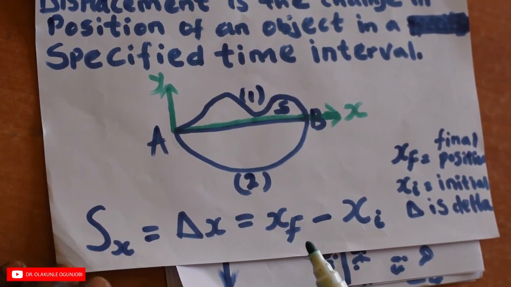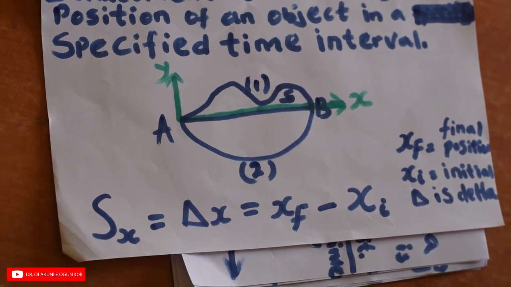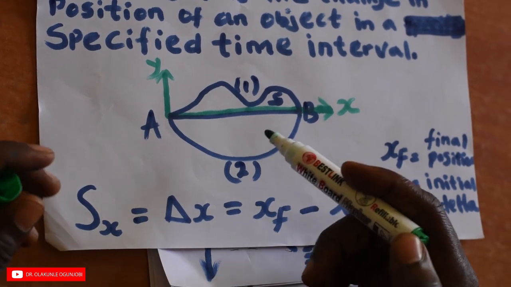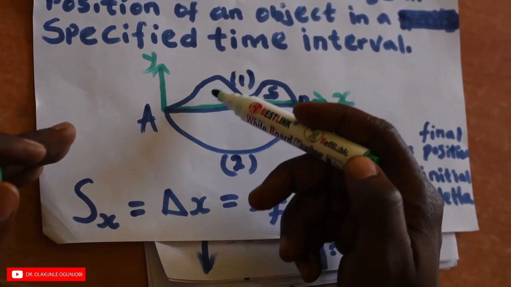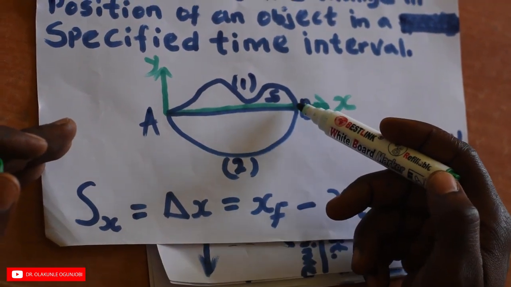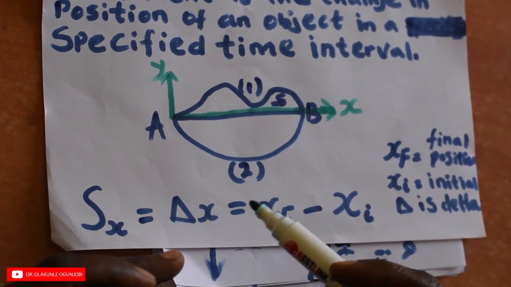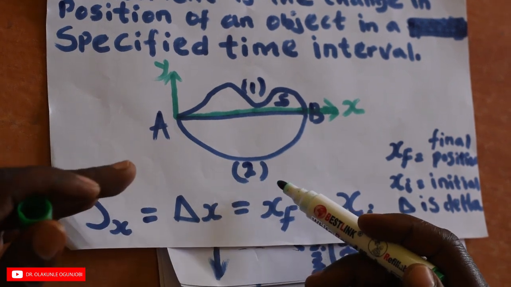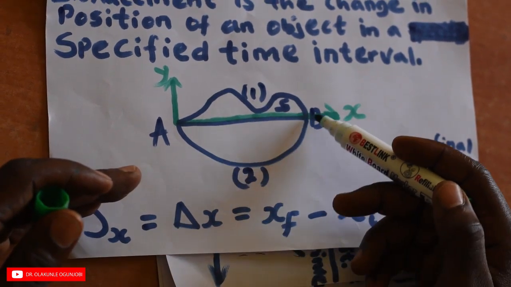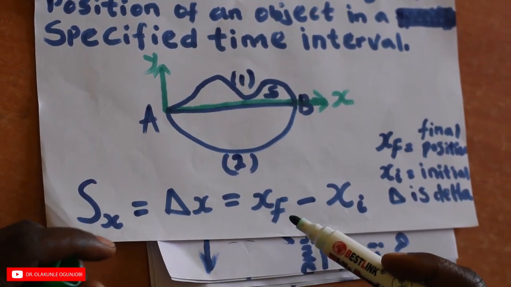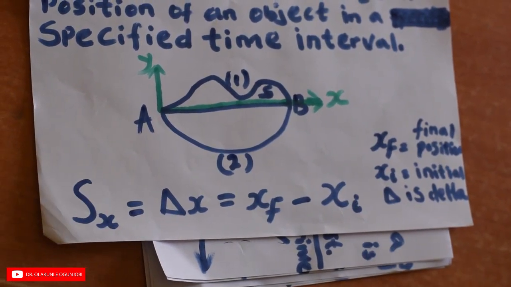However, their displacement is the same. Their displacement is the same, just that the time at which the person who passes through the first path got to point B is quite shorter.